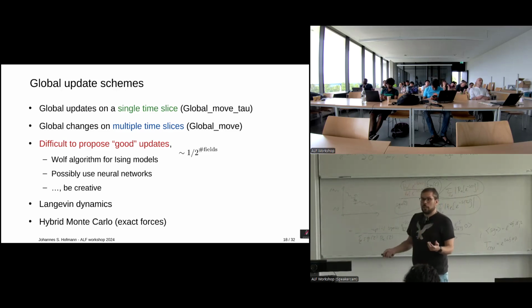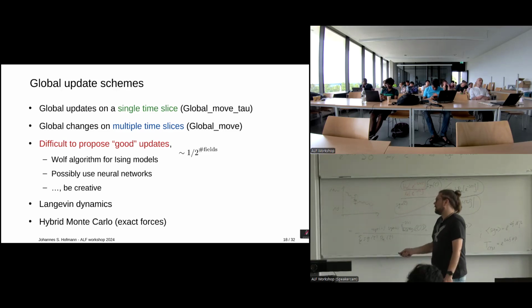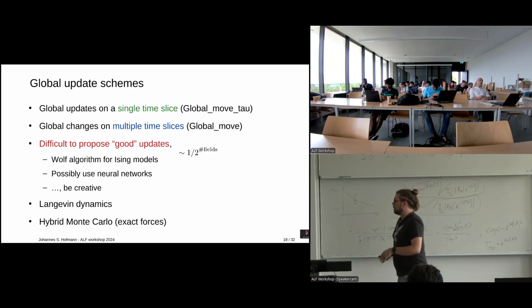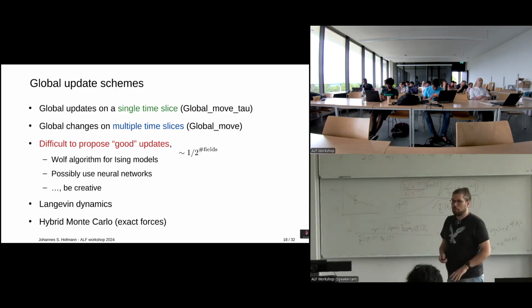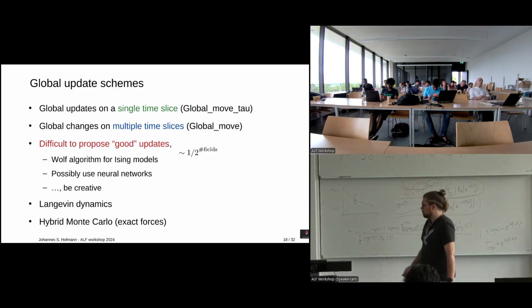You can be creative if you find the right cluster. And the two other things that we provide with the package are Langevin dynamics and hybrid Monte Carlo, even though it's hybrid Monte Carlo with exact forces. So it's not as performant as the full hybrid Monte Carlo implementation.